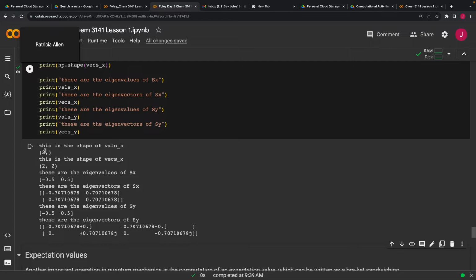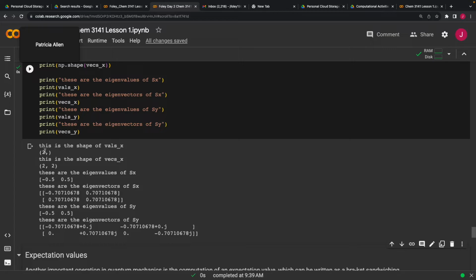But anyway, let me at least say one thing for sure. There are 2 eigenvalues. Each eigenvalue is just a number, a scalar. So we have one scalar which is -1/2, one scalar which is +1/2. Those eigenvalues are exactly the same as the eigenvalues of Sz. When we look down to the eigenvalues of Sy, exactly the same, -1/2 and +1/2. So Sx, Sy, and Sz all have the same eigenvalues.